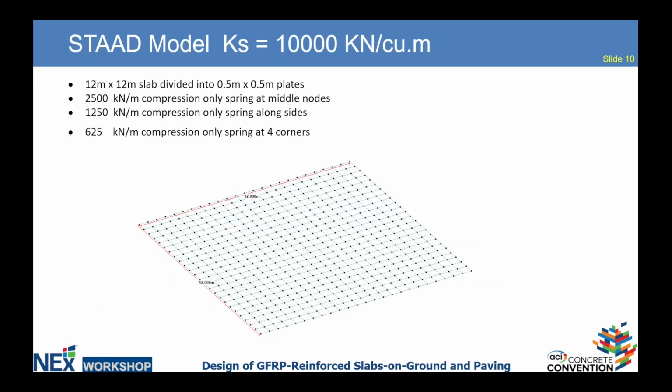So we did a lot of parametric studies that probably represent the worst case scenario. Here you see a piece of slab with expansion joints 12 meters apart, and then we use a KS of 10,000.